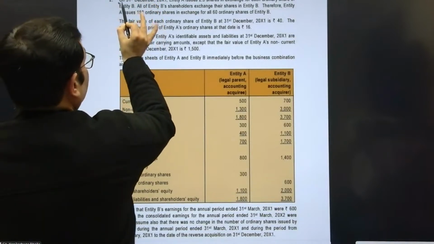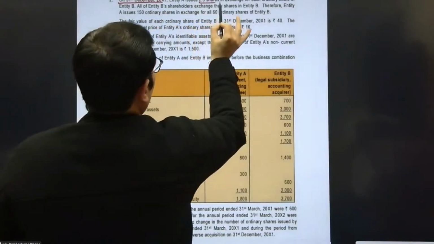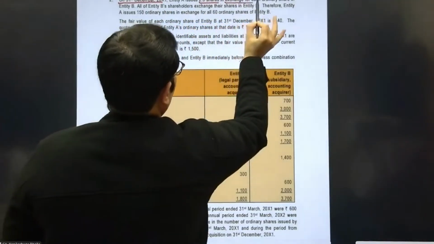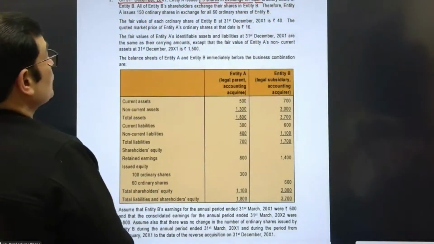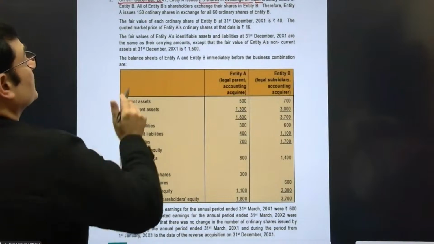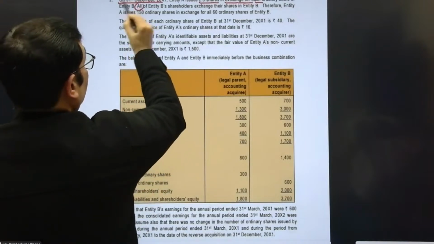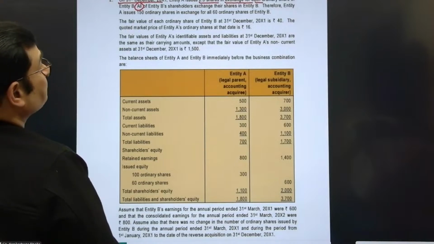It says on December X1, entity A issues 2.5 shares in exchange for each ordinary share of B. Then it says all of the entity B shareholders exchange the shares in B. So that means it was accepted by all the shareholders of the equity company.